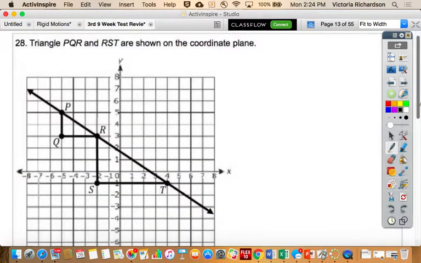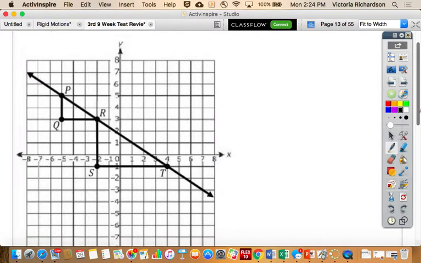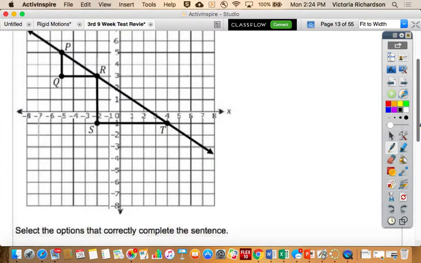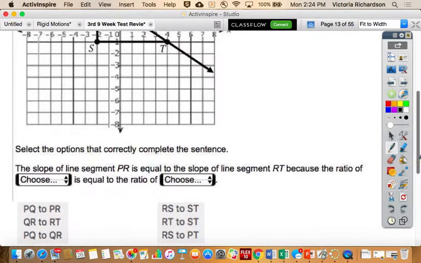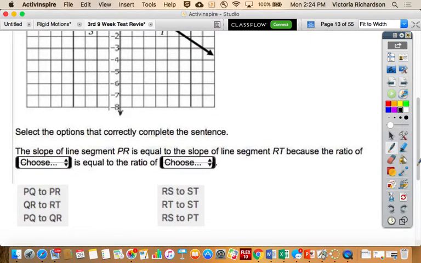28 says triangle PQR and RST are shown on the coordinate plane. So you have those there. Notice they both have the same slope. So it says select the options that correctly complete the sentence.